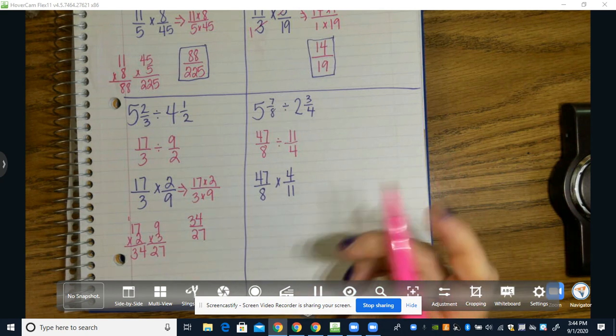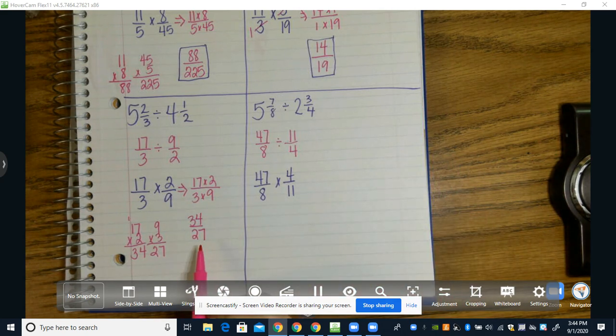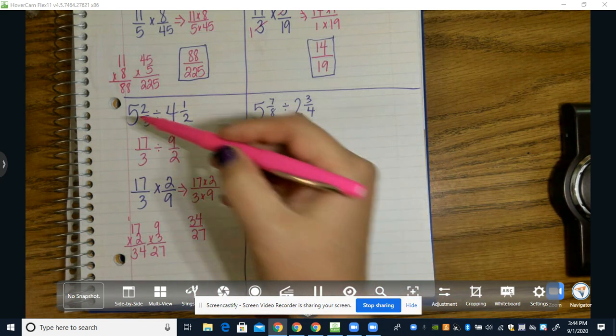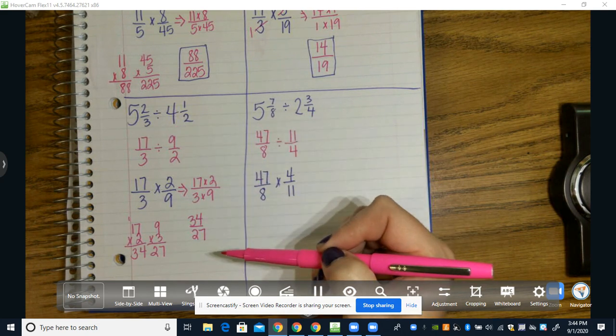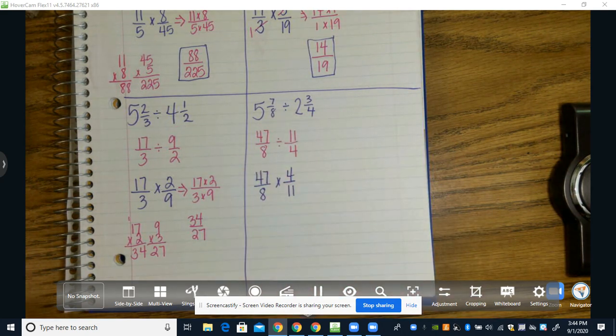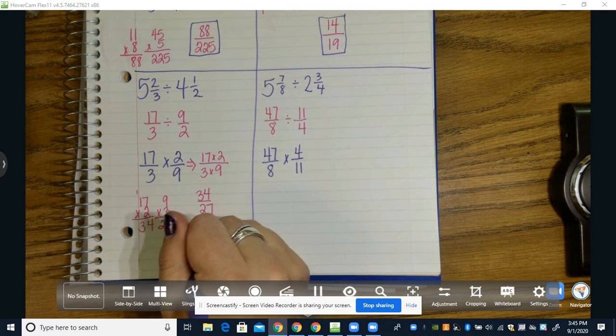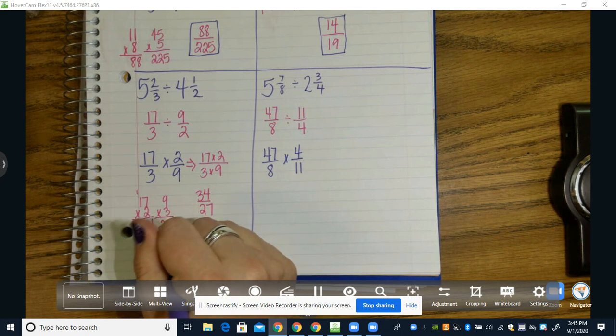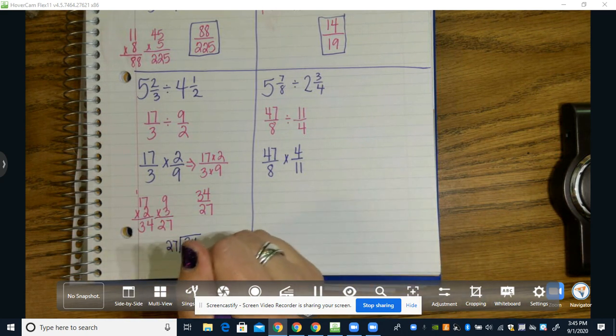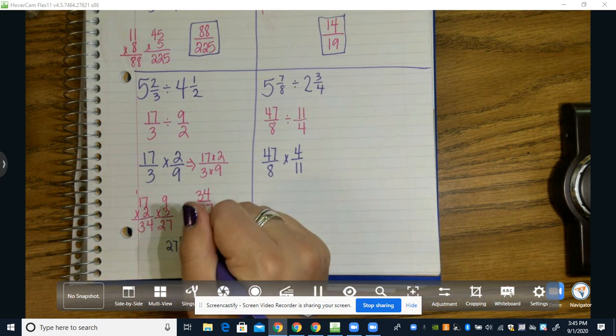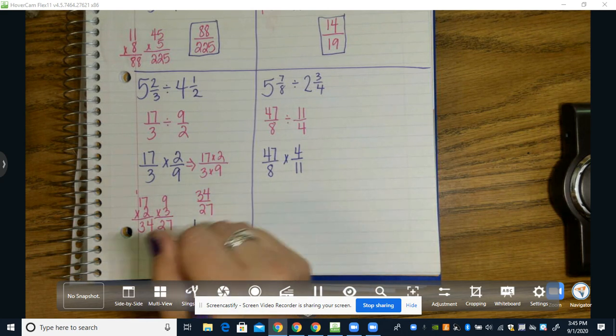Now hold the presses. We've got an improper fraction right here. So I started with mixed numbers. I need to end with mixed numbers. So I need to do top in, bottom out. So I'm going to still have some room down here. So 34 is going to go inside. 27 is going to go on the outside. How many times can 27 go into 34? Well, 1 time. 1 times 27 is 27.